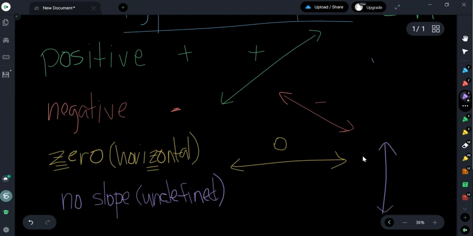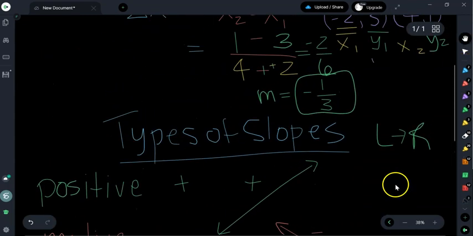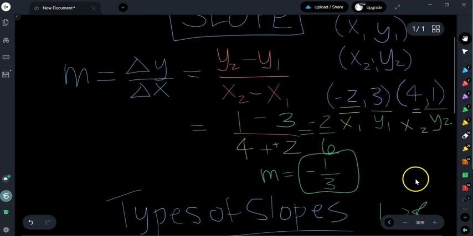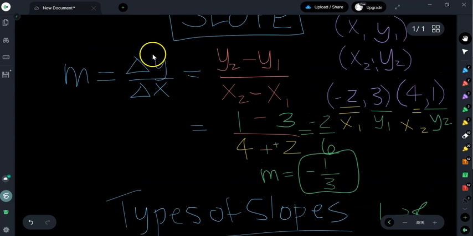There is no slope for a vertical line. The reason there is no slope is, let's think back to what our slope formula was. Let's take a look back. If I go back up here at the top of my document, what is the slope formula represented by? The change in y divided by the change in x.